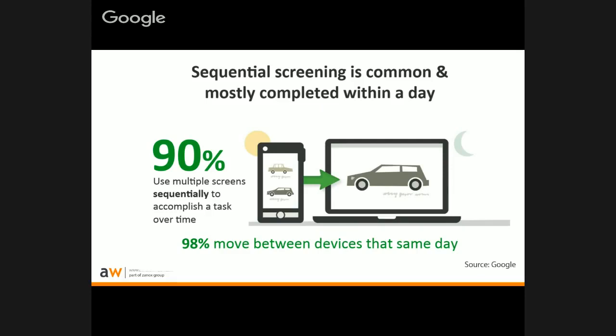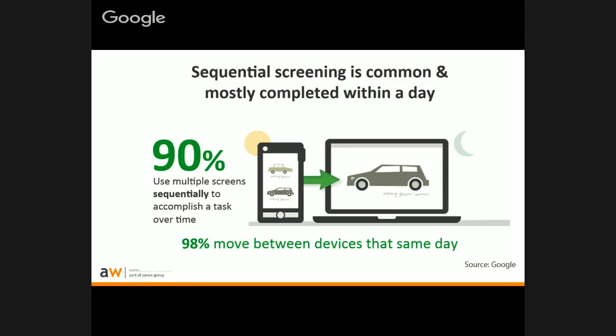For our cross-device tracking debate, it's actually sequential screening that we want to focus on, because it's this sequential use of multiple devices that our cross-device tracking technology, or any cross-device tracking technology, is aiming to record.